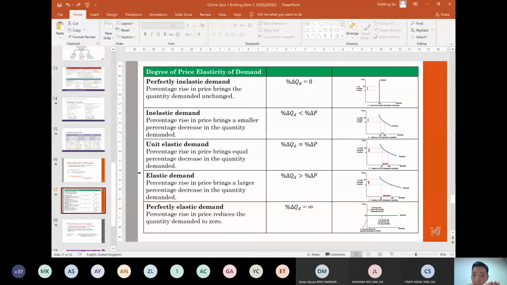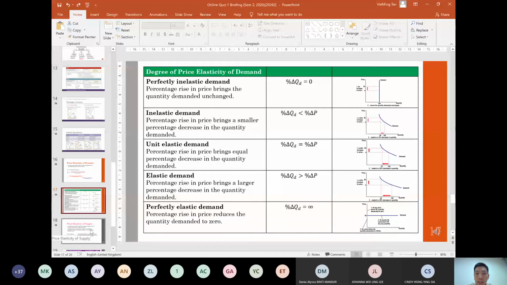When you want to identify whether the product is elastic or inelastic demand, you just remove the negative sign, so that this can help you make the interpretation and decision. So far so good. Don't get confused by the negative sign.